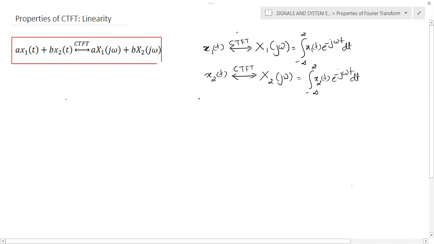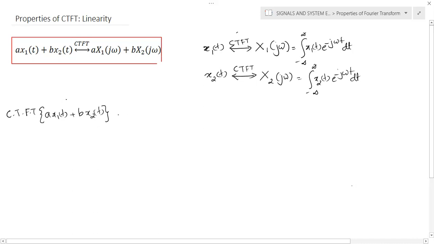So if there are two signals x1 of t and x2 of t, now I need to find the continuous time Fourier transform of the signal of the form a x1 of t plus b x2 of t.